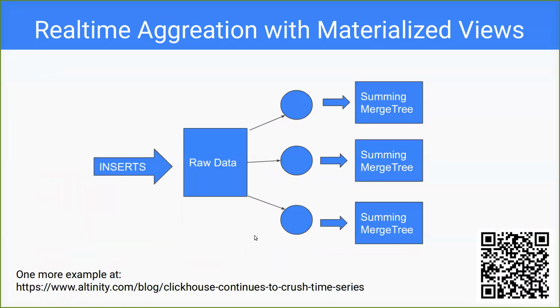So just to summarize on materialized views, and to come back to something I said, a very, very common use pattern with ClickHouse is to have a basic fact table, which is then connected to one or more summing merge trees, which compute your aggregates. We have another example of this in our blog article about time series.